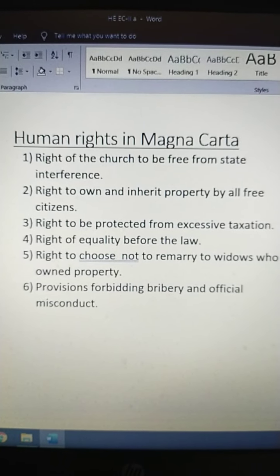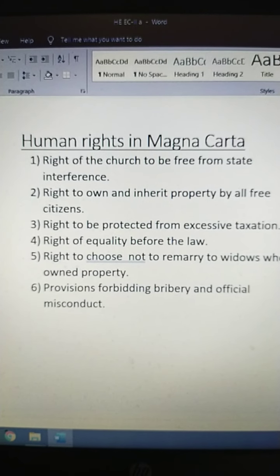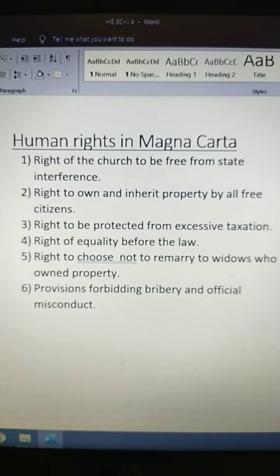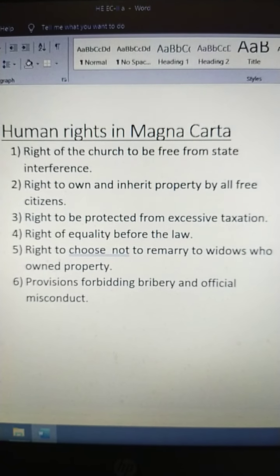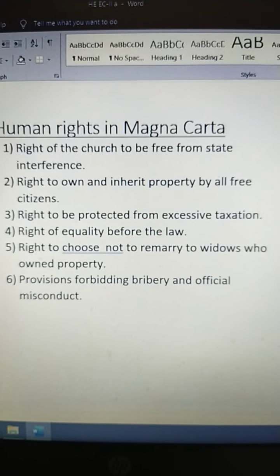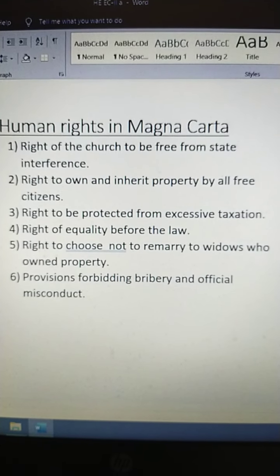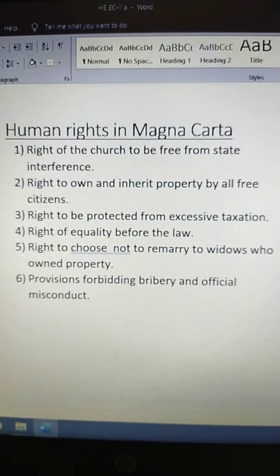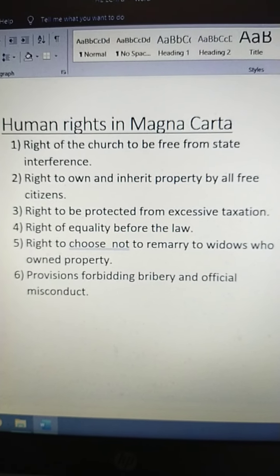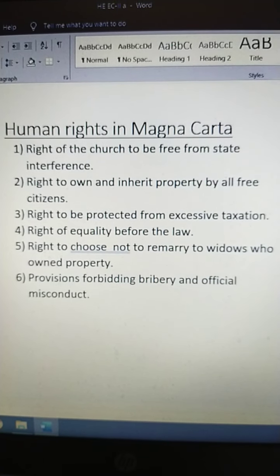England being basically a Catholic nation, church was very important and the supremacy of church was always preserved. The Magna Carta ensures that the state or government, that is the king, the monarch, will not interfere into the matters of church.